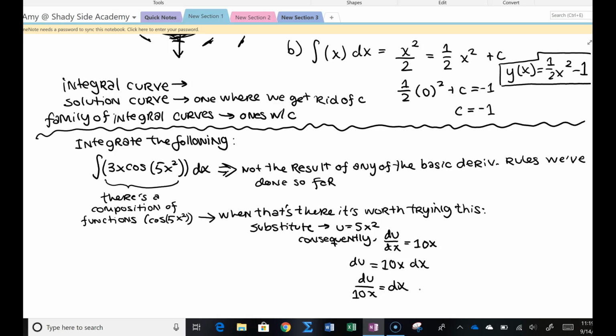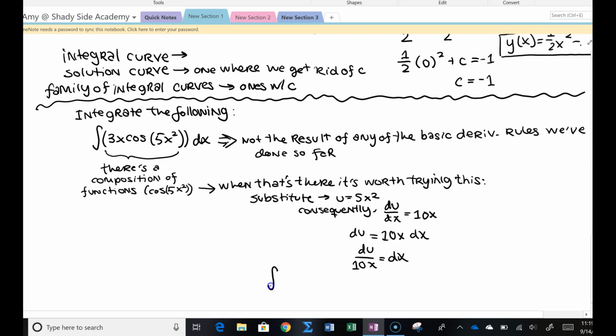This should equal the indefinite integral of 3x cosine of u, and dx is now du over 10x.